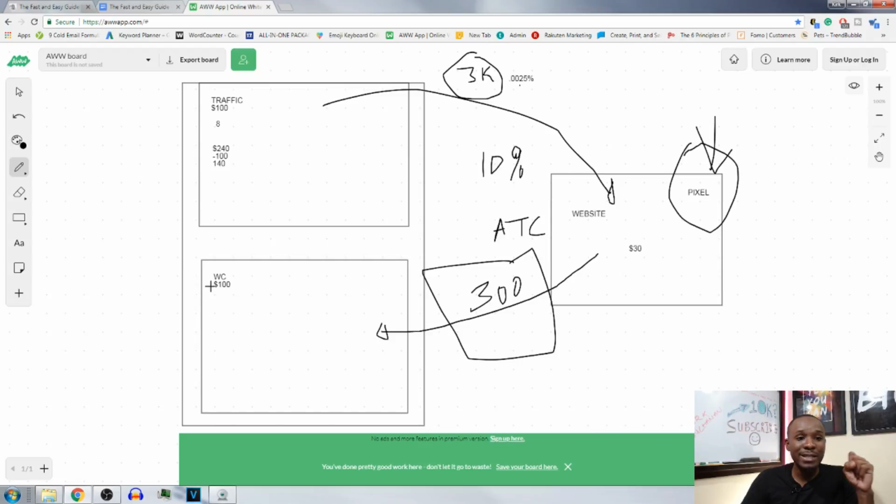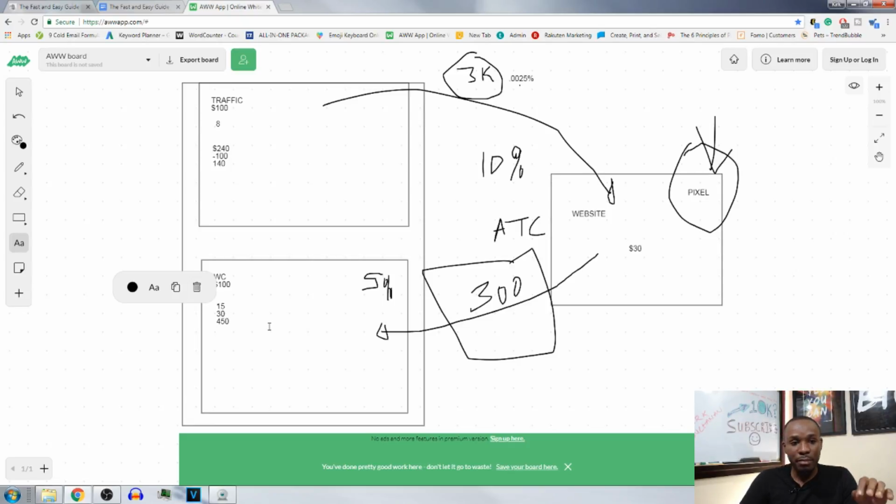So with this ad spend of 100, once again, it's likely that we'll convert at about 5% from this retargeting campaign, and 5% of 300 is 15, right? So with 15 here, and remember the product price is 30, we're now at 450 in revenue.